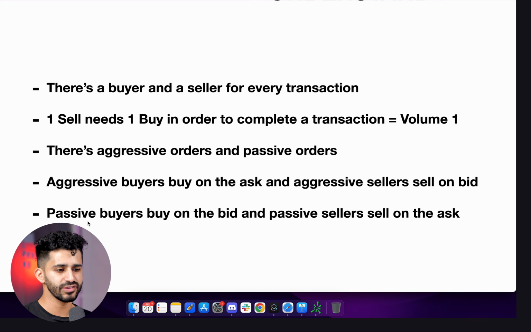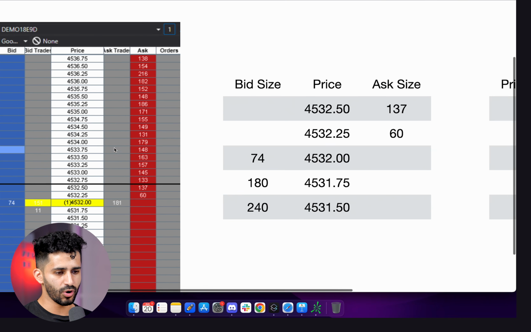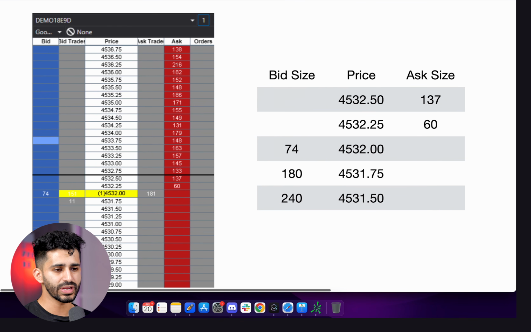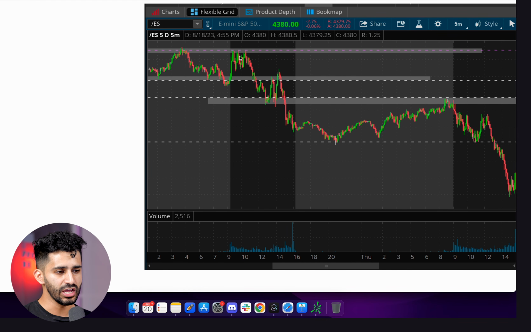Passive buyers are maybe not hitting the bid, maybe not hitting the ask. They're a little bit different where they're not on the depth of market. They're popping up as we hit a certain key level. The passive sellers are providing maybe liquidity. They're offering more sell orders coming in that are popping up that maybe aren't hitting the ask, maybe aren't hitting the bid, but they're now popping up from the sidelines.